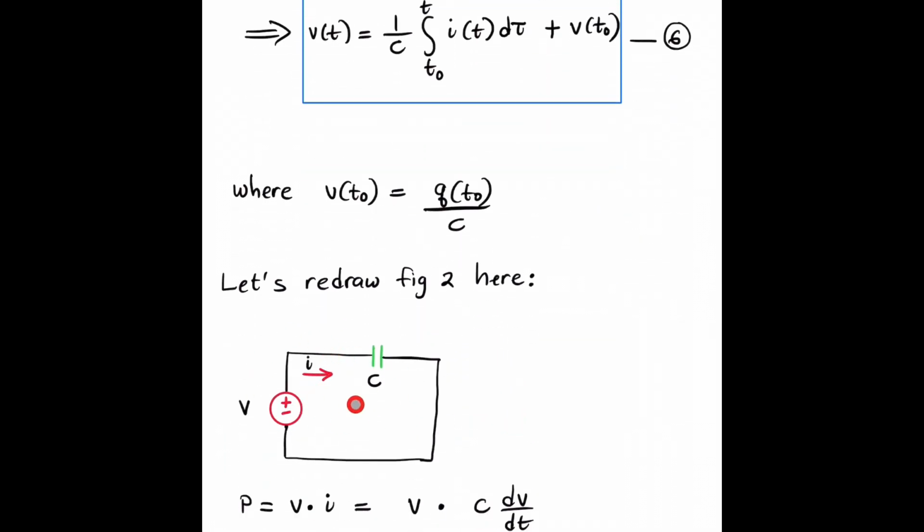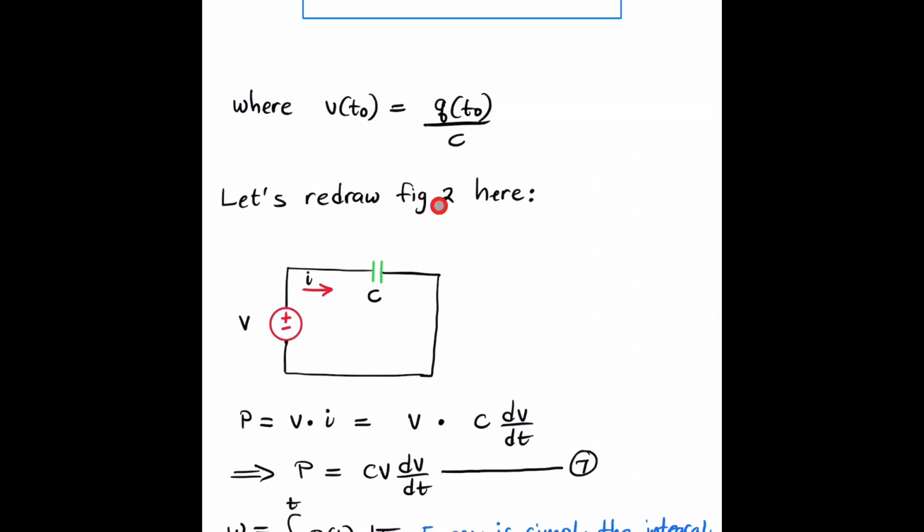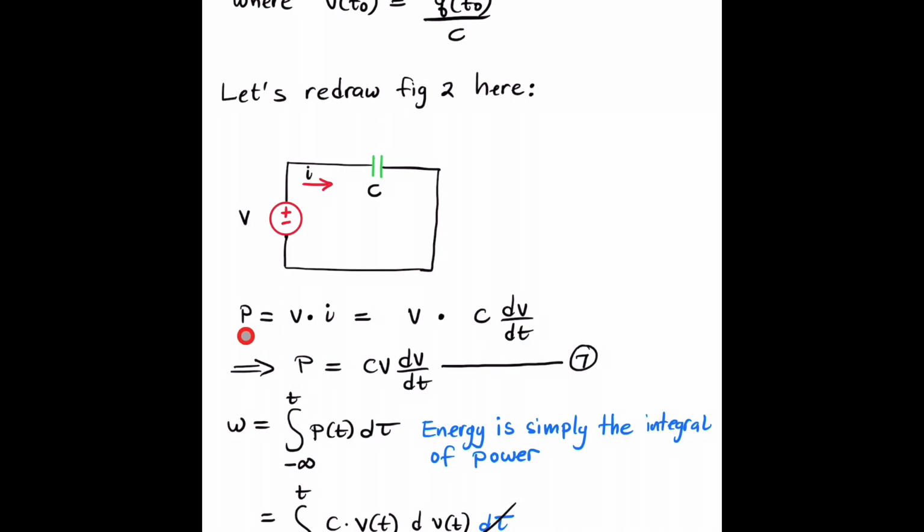And here I redraw figure 2. The power is the voltage times the current. So this v is this v, and this i is this C dv/dt.